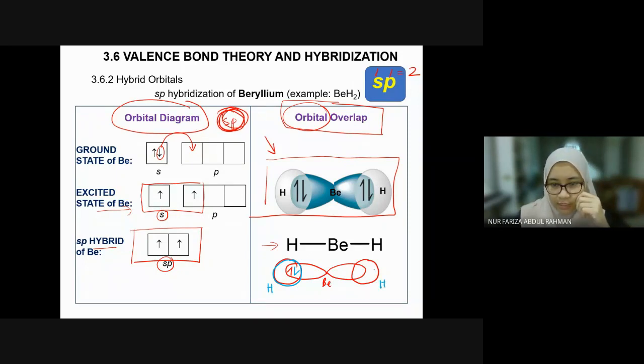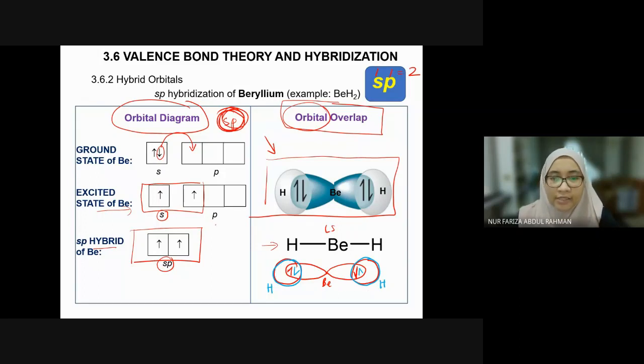So this is also hydrogen, the second hydrogen, and we have 1 electron from hydrogen and 1 electron from, sorry, not like this. It's right like this. Okay, 1 electron from beryllium. As you can see, you may use your Lewis structure to help you draw the orbital overlap of BeH2.